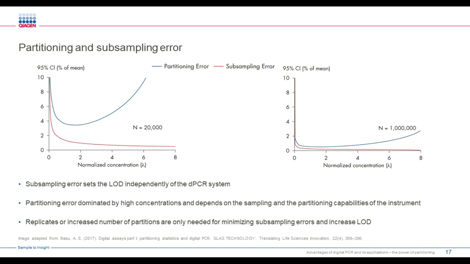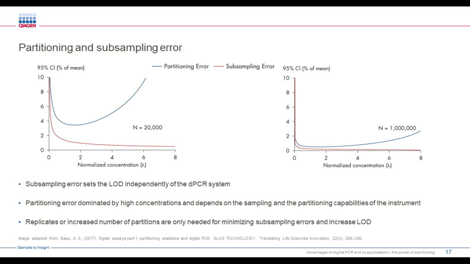As the normal concentration increases, the number of amplified targets per partition is increasing. Eventually you will oversaturate the well, and then you see that this partitioning error goes up. If you look at these two examples, where we have 20,000 partitions and 1 million partitions, the 1 million partitions to the right show a very, very low partitioning error.